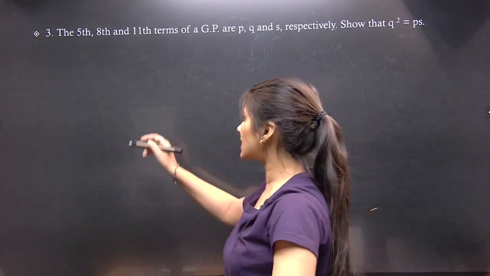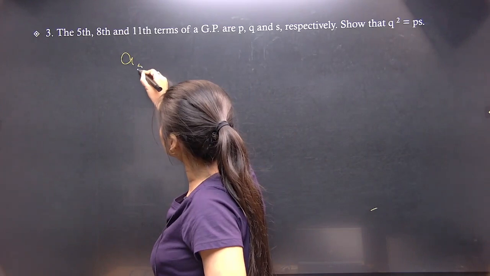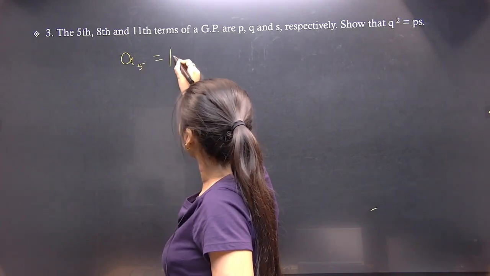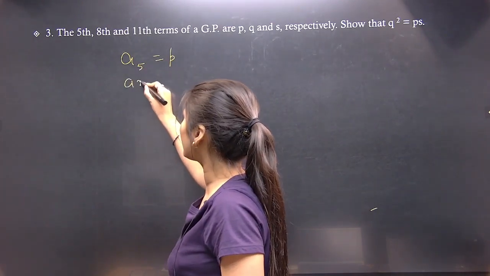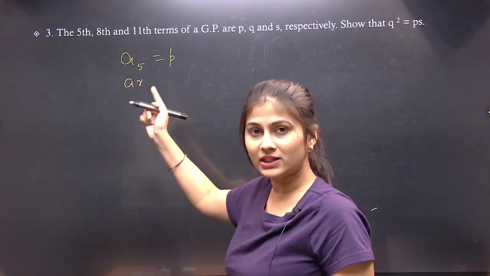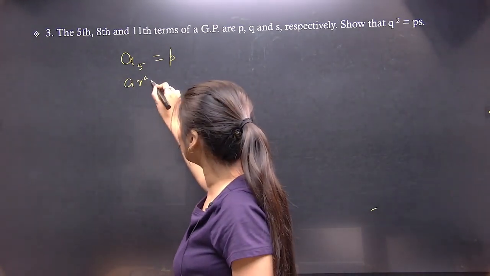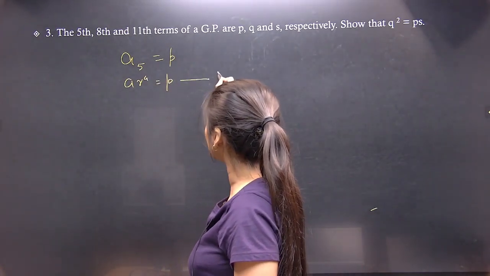The question says the 5th term is P, or we can say AR to the power 5 minus 1, that is 4, is equal to P. This is equation 1.